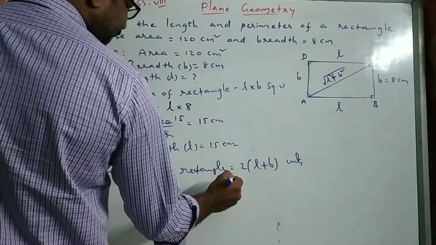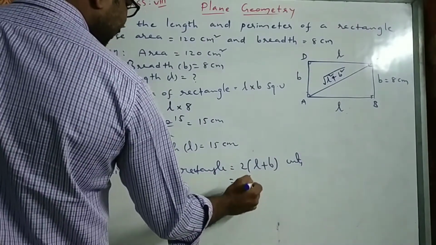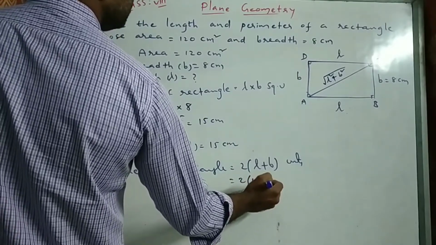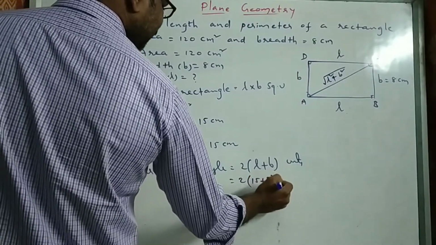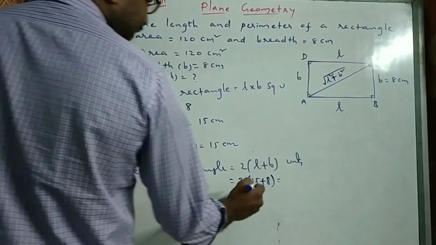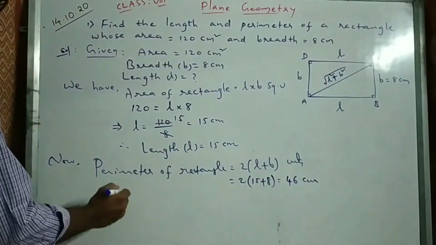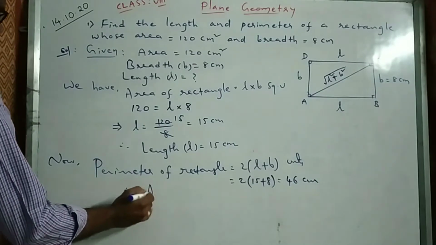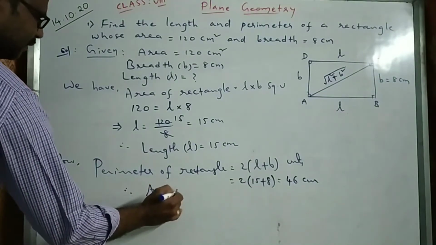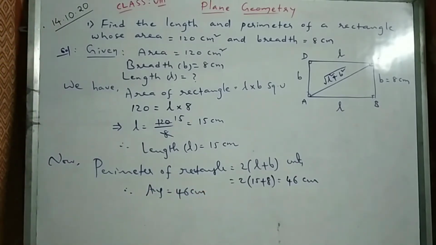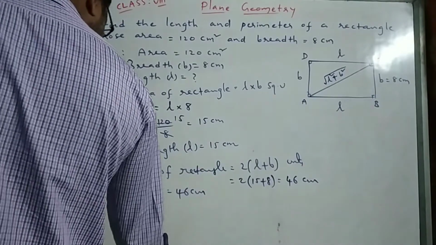So 2 times length plus breadth. 2 times length 15, breadth 8. 15 plus 8 how much? 23. 23 2s 46. So what is the perimeter here? Answer is 46 cm. Understand? So about rectangle, this is the concept. Clear?